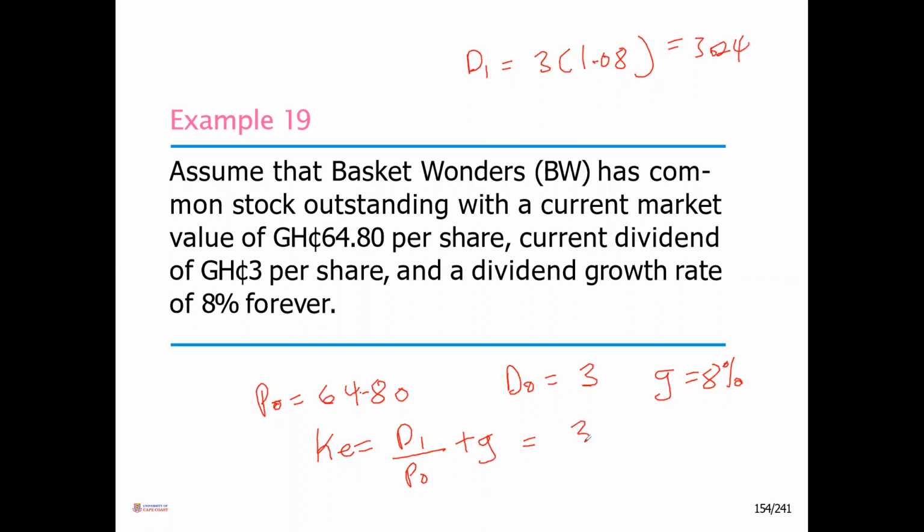So we will have 3.24 over the price, which is 64.8, plus the growth, which is 0.08. So you always do the fraction first before you add, because the addition is standing on its own. You do the fraction and then you add the 0.08.